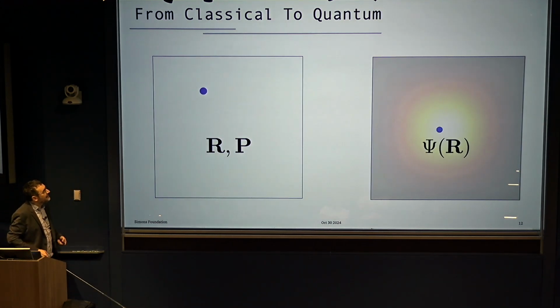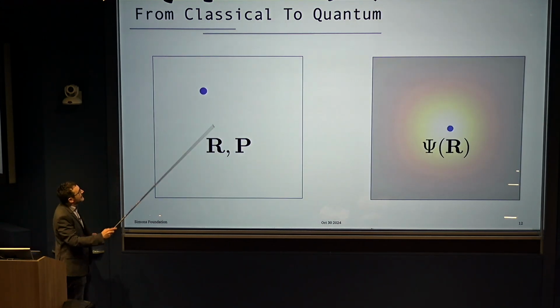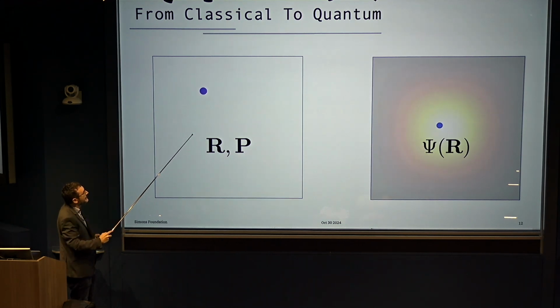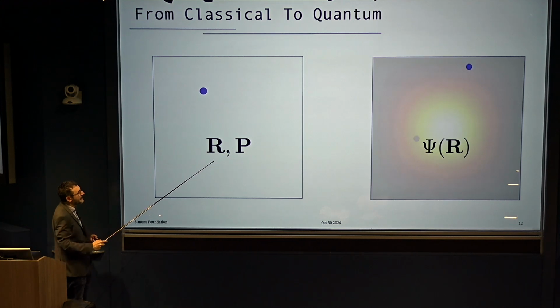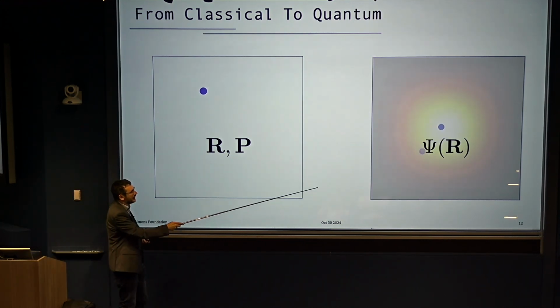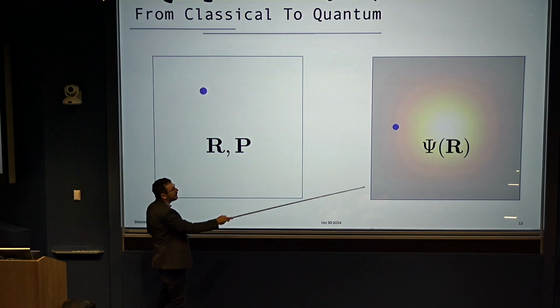Now the problem is that when you go to the quantum realm, even for a single particle, the situation is much more complicated because you have to replace this description based on position and momenta, so position and velocities, with a description that is based instead on the quantum wave function.